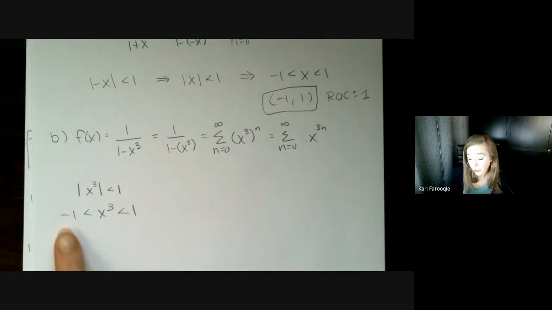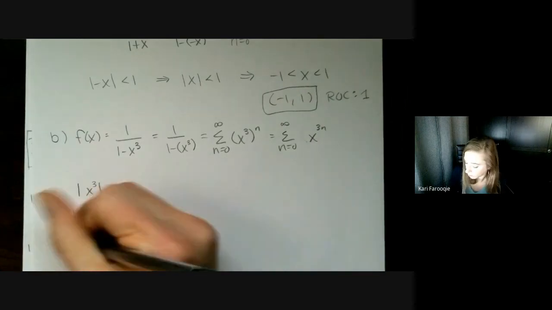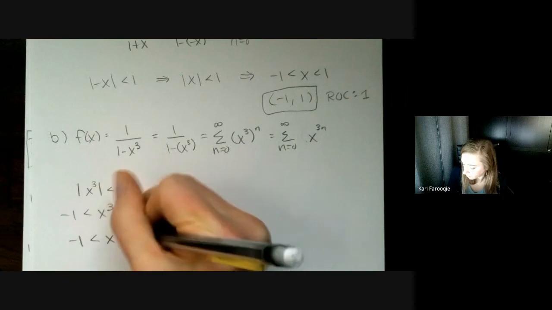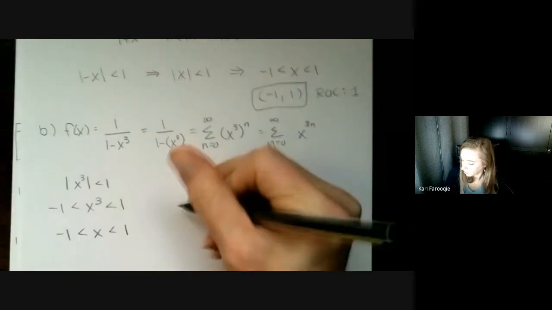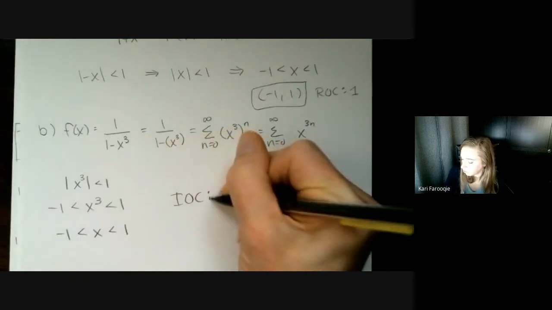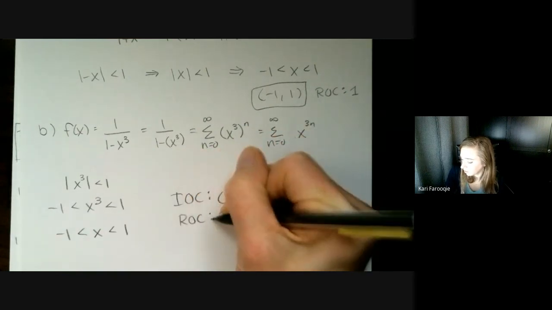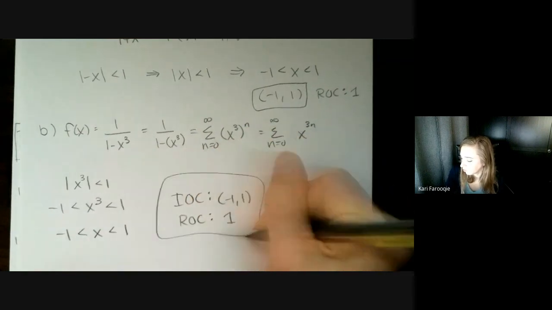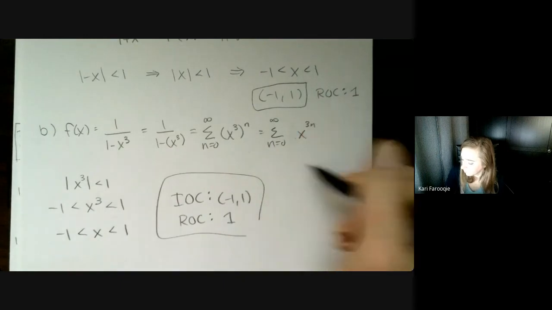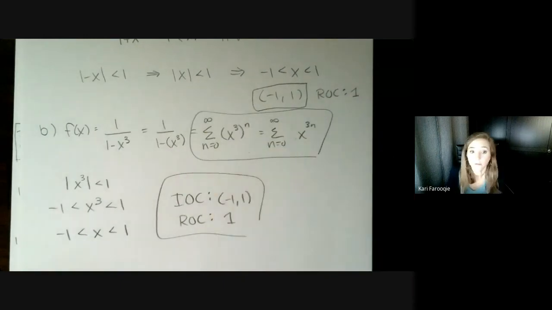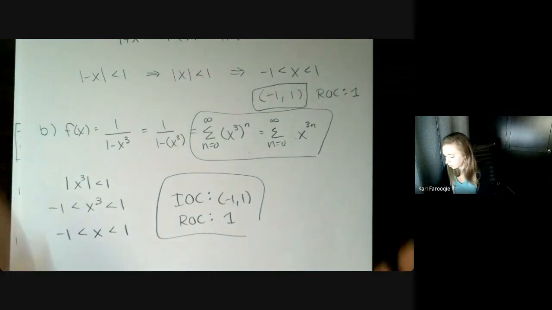And remember, you can take the cube root of a negative number. So you are going to get an interval of convergence from -1 to 1 and a radius of convergence 1. Either one of these is fine. We'll do one more. That's all I have time for.